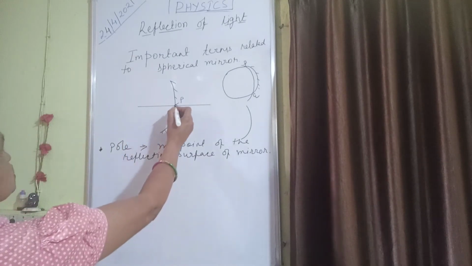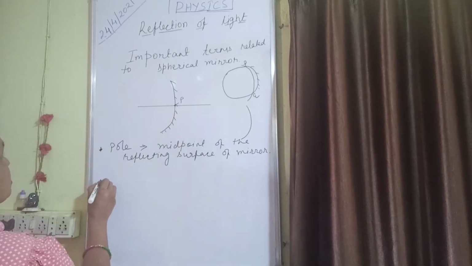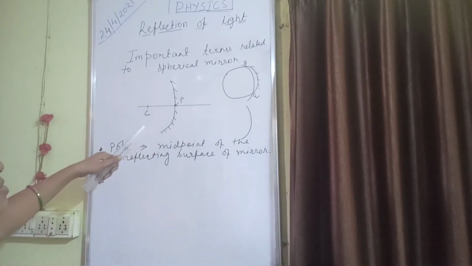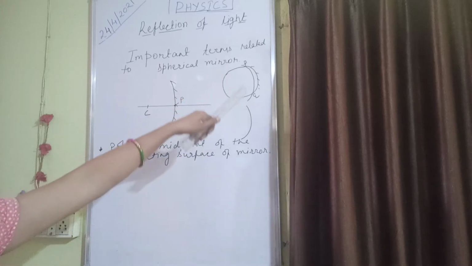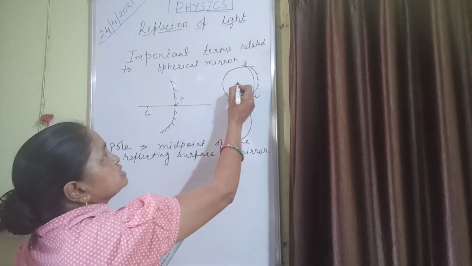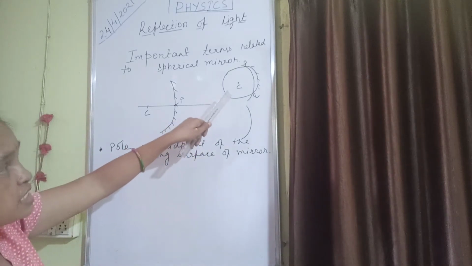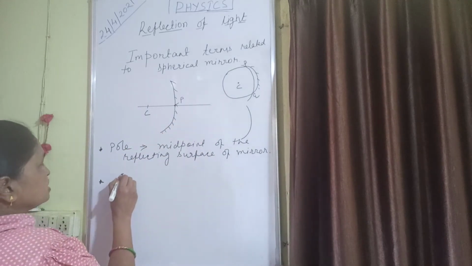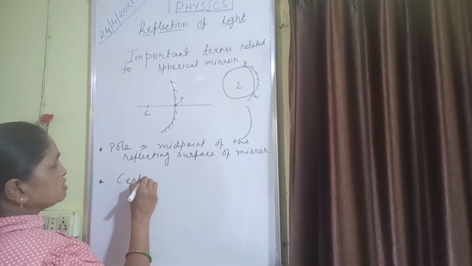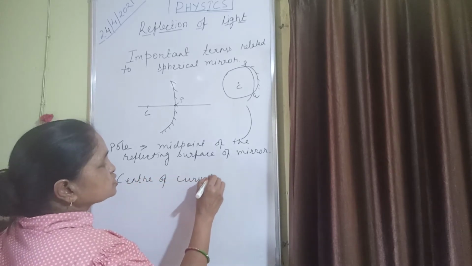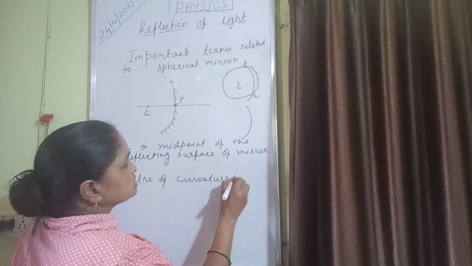Next to come, so this is the pole. Next is C. This mirror is made from a sphere, and this sphere naturally has one center point, that is C. This C center point is known as center of curvature. So what is center of curvature?